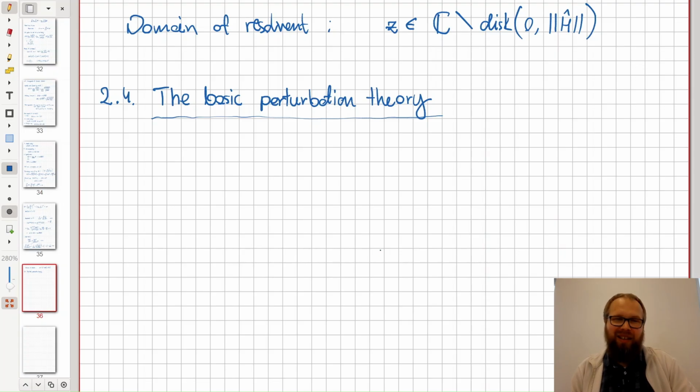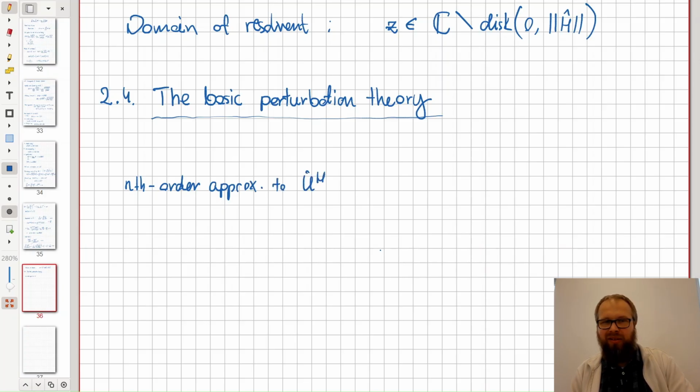So this gives us a prescription for the nth order approximation to U(t). It would be simply a partial sum of some number of terms.